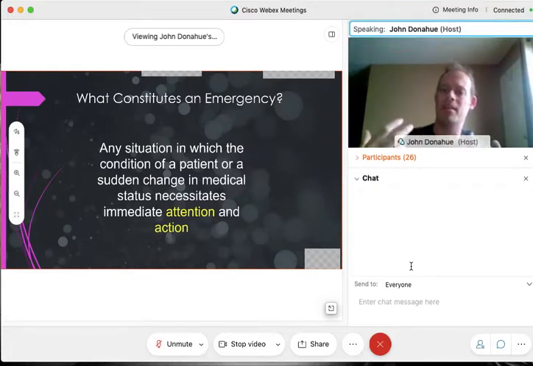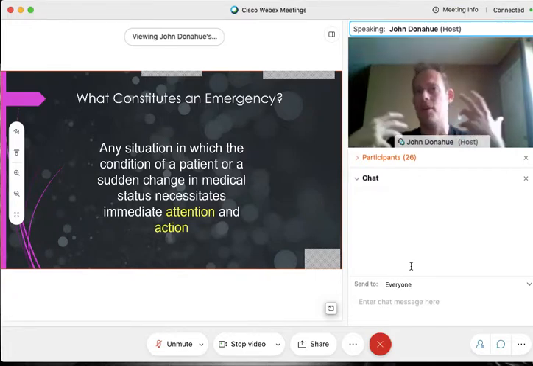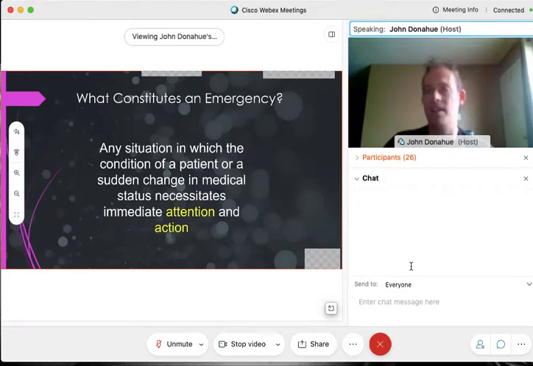Many emergencies come in, but not all facilitate the need for the immediate action and attention. The ones we're focused on today, for example, cardiac arrests, shock, things like that, those would constitute us to react quickly, efficiently, and with what we call that immediate attention and immediate action. Otherwise, there's going to be severe damage to our patients, and or they're going to progressively worsen if we don't attend to that with punctual attention and action, and proper as well.